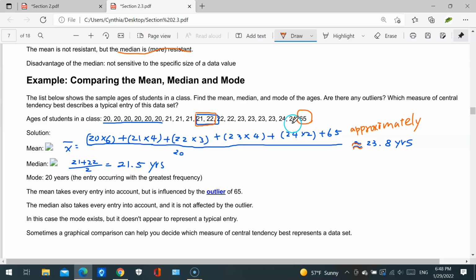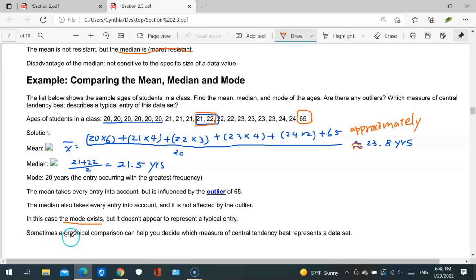So we treat 65 as an outlier. The median also takes every entry into account, and it is not affected by the outlier. In this case, the mode exists, but it doesn't appear to represent a typical entry.